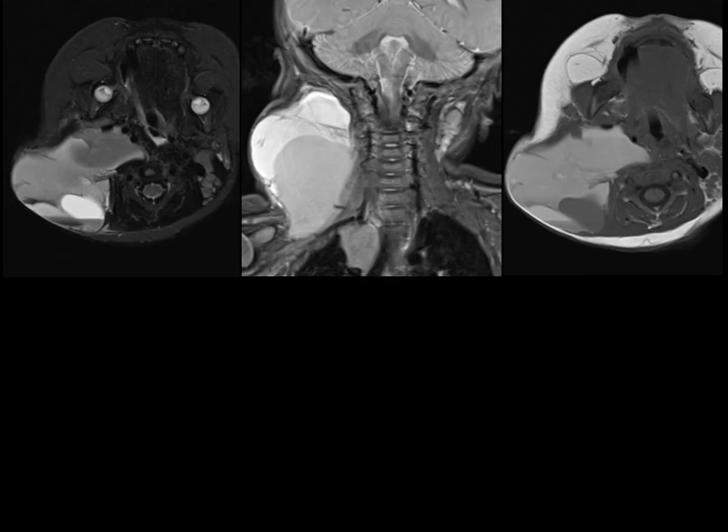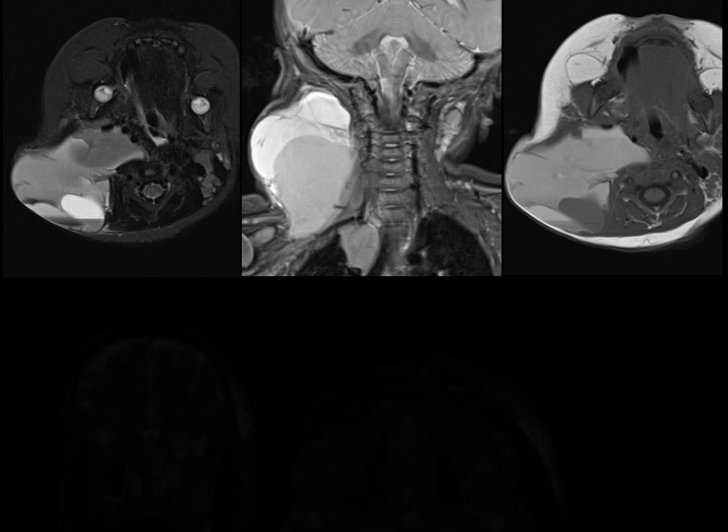Multicystic lesion, this is a lymphangioma with some blood, and same thing, T2 fat saturated, also in coronal, and T1 pre not fat saturated. This hypointensity of the mass is well delineated and separated from the not suppressed fat.